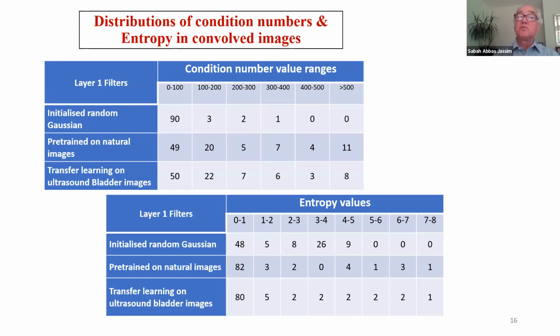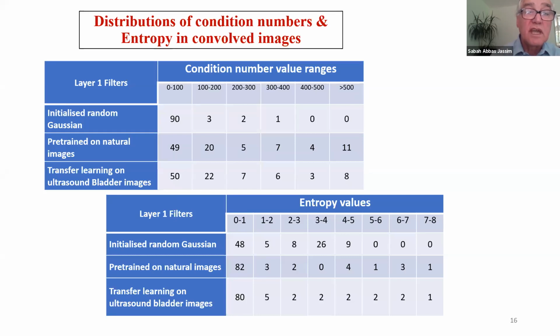When we actually try to find the distribution of condition numbers for a large number of Gaussian-initialized filters, we found that they have reasonably good condition numbers, the majority of them. But of course, we then applied those on the pre-trained ones, which are coming from the ImageNet.